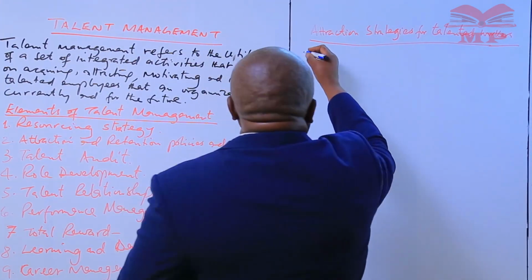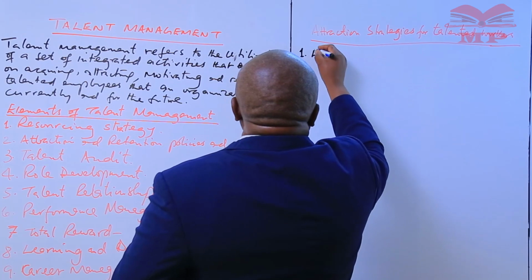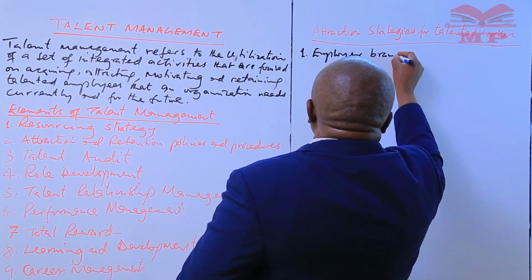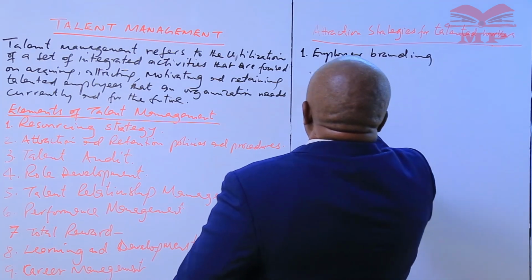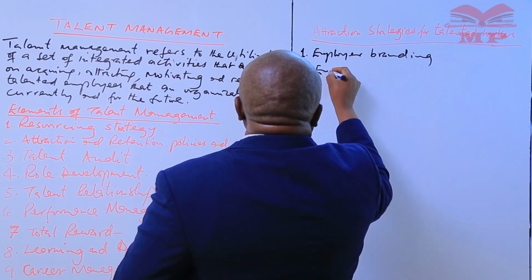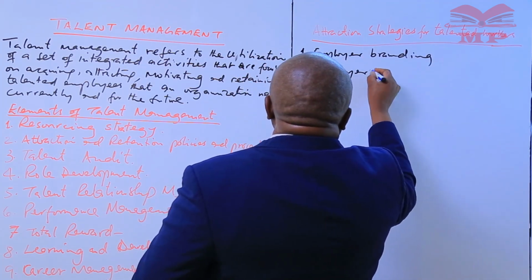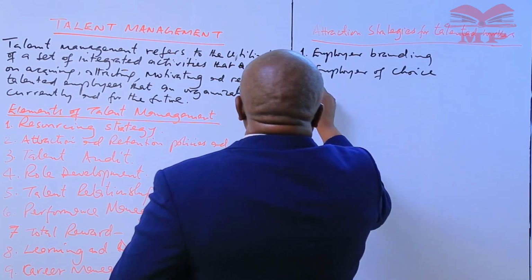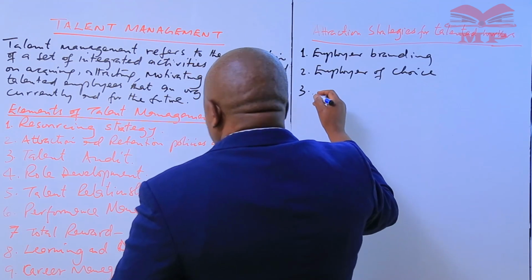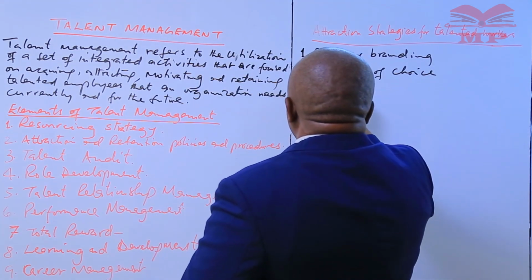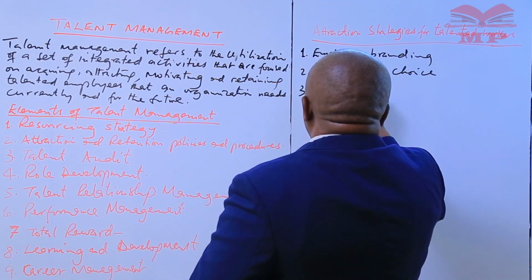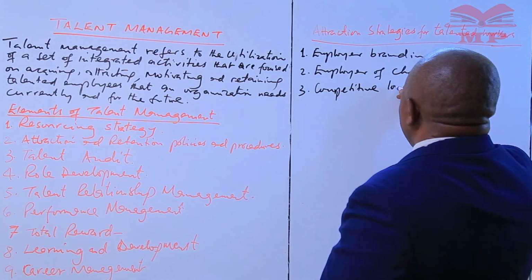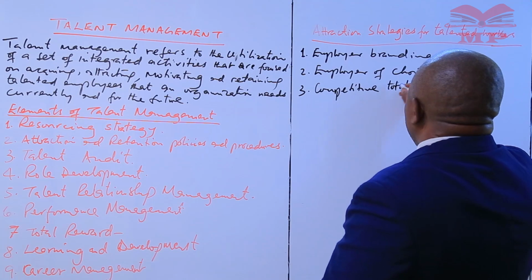One, employer branding. Number two, employer of choice. Number three, competitive total reward.